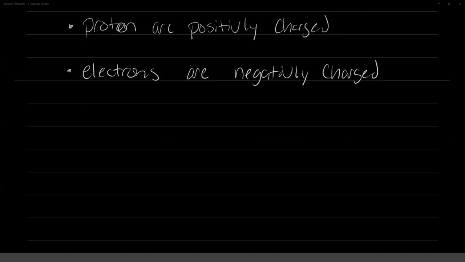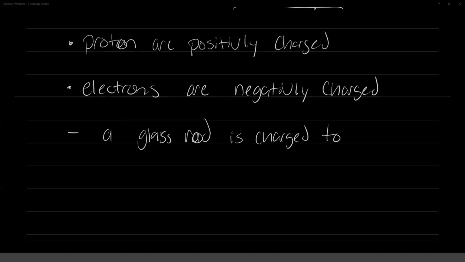So an example of that might be a question. If she asks, a glass rod is charged to, let's say, plus 5.0 nanocoulombs. Does it have an excess amount of electrons or protons? And can we figure out how many?